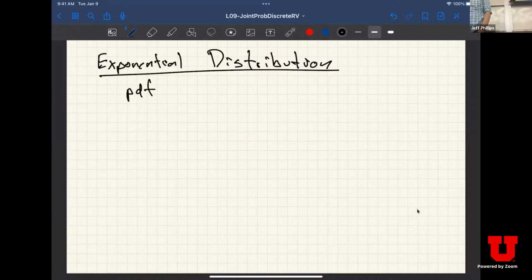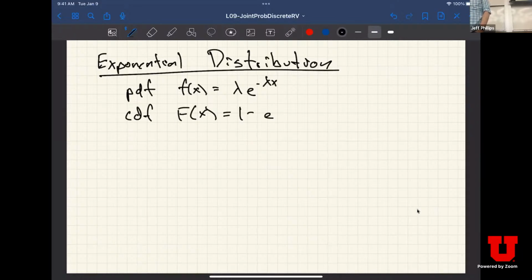The PDF of this is f of x equals gamma e to the negative gamma x. The CDF of this, F of x, equals 1 minus e to the negative gamma x.